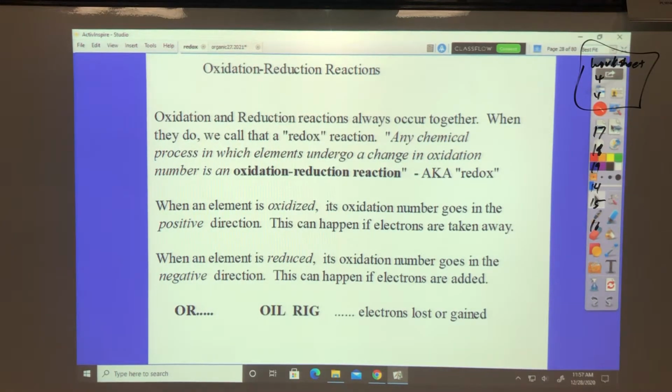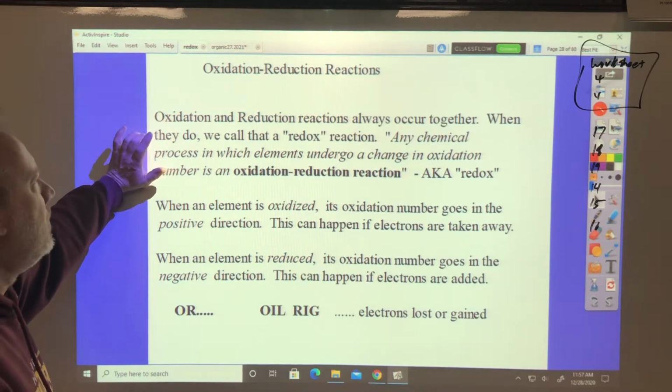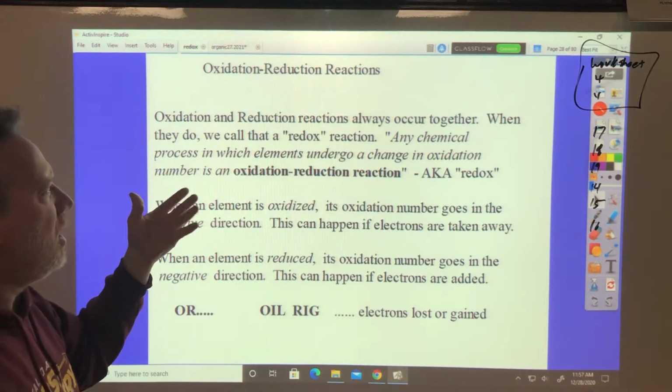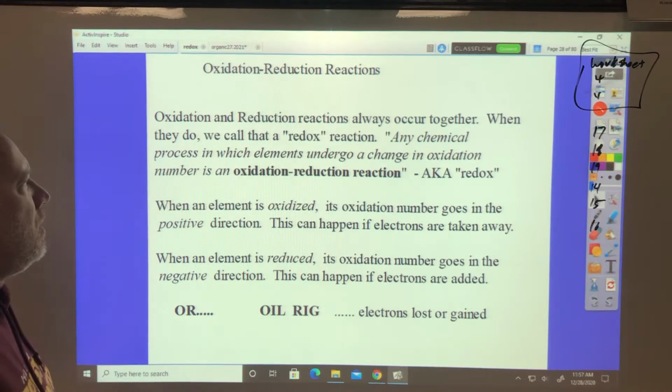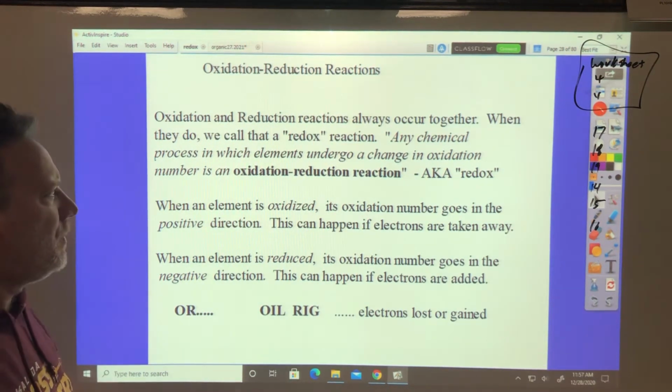So oxidation and reduction reactions always occur together. You can't have one without the other. A redox reaction is any chemical reaction or process in which elements undergo a change in oxidation numbers. When an element is oxidized, its number goes in the positive direction.